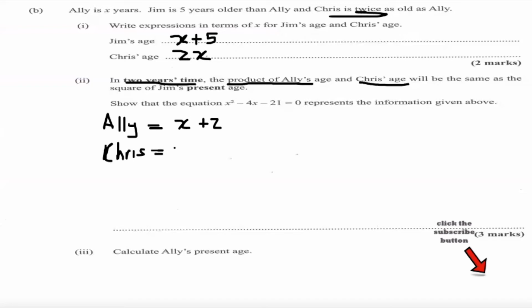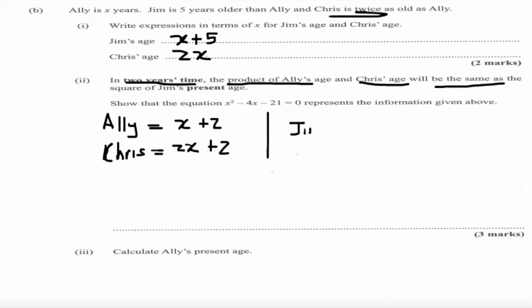So Chris' age is 2x, and in 2 years' time, I would add 2 to Chris' age. Now, it will be the same as the square of Jim's present age. Jim's present age is x plus 5, and they say it's the square of x plus 5.